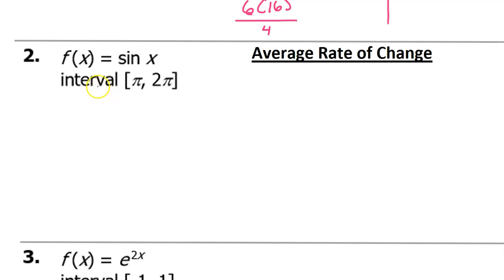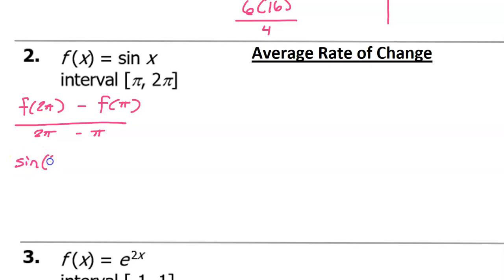Problem number 2. Let's find the average rate of change on the interval from pi to 2 pi. Here's the setup for the average rate of change, like an old school slope going y minus y over x minus x. But the function f of x is sine of x. So we will get the sine of 2 pi minus the sine of pi divided by 2 pi minus pi.